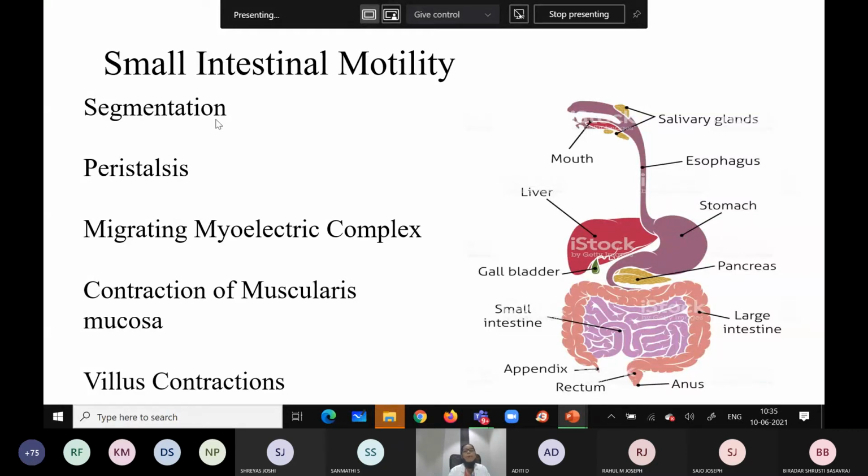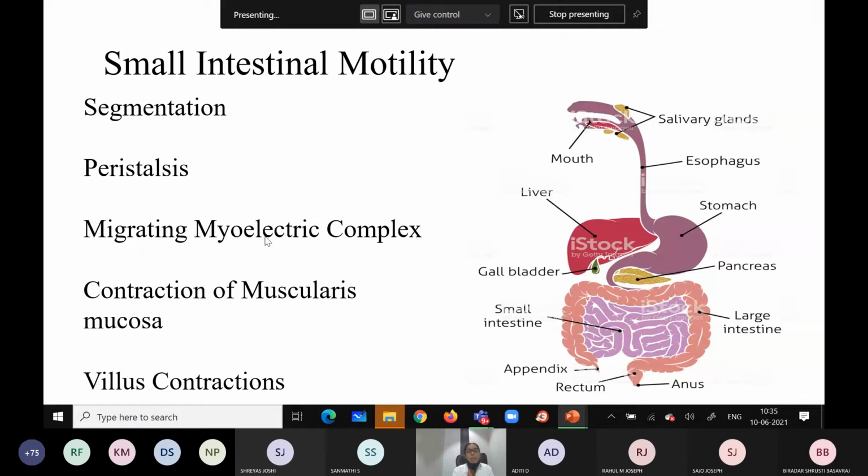Different segments will be formed and it will help in mixing of pancreatic juice and bile juice with the content of the small intestine. And peristaltic movements are mainly propulsive, that is they help in propulsion of content forwards, towards the rectum. Okay, these migrating myoelectrical complexes are interdigestive movements.